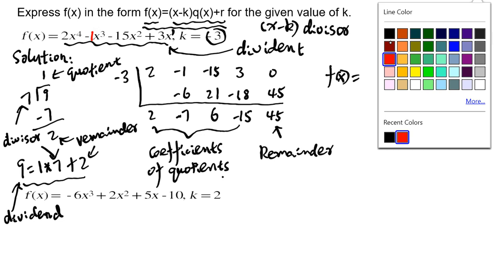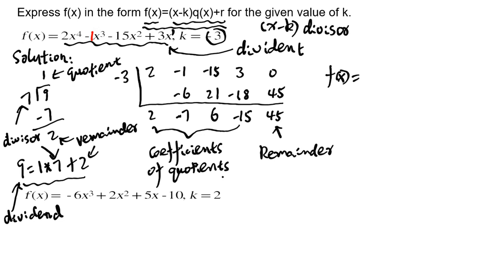Again, those are the coefficients. Previously we have a degree 4. Now here will be degree 3, degree 2, degree 1, and here is the constant.